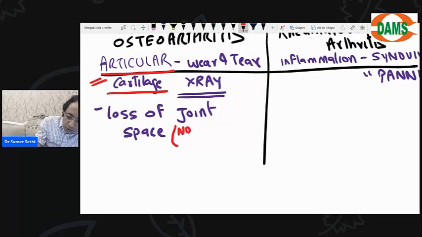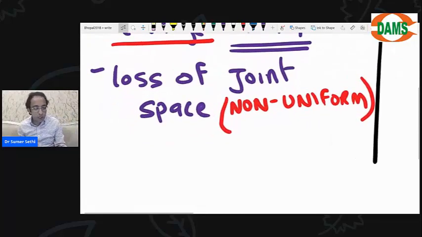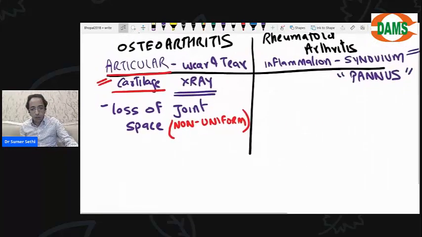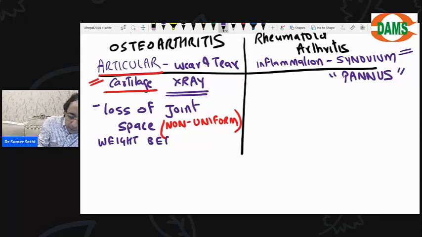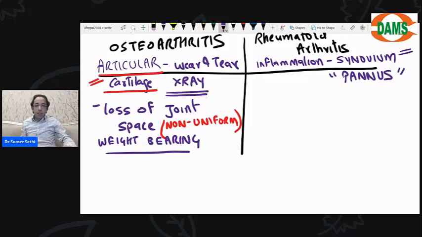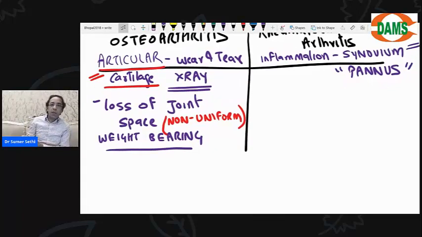This loss of joint space will be non-uniform. Any one of you can tell me why? सोच के बताना बेटा, non-uniform क्यों होगा? Because wear and tear will be more in the weight-bearing compartments. मतलब knee में, if you look at the knee joint, the medial tibiofemoral compartment is the weight-bearing compartment.